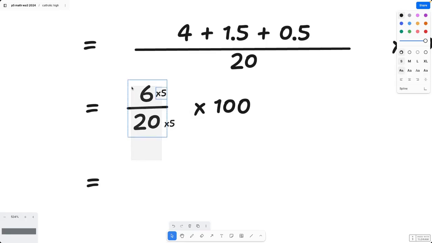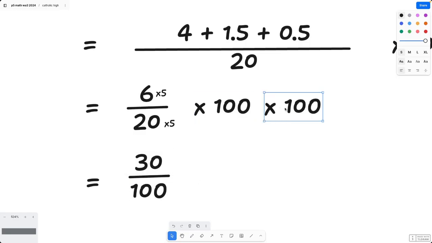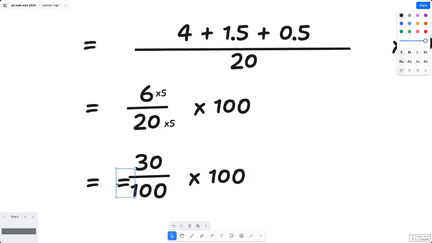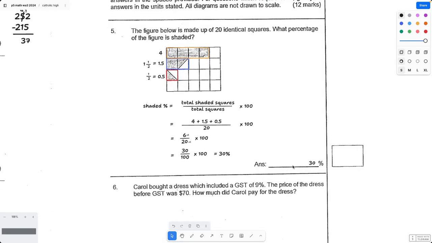And in this case over here, 6 times 5 will be 30, and 20 will give us 100, and times 100, this will give us, in essence, 30%. There you go. Right, so the answer to this is 30%. All right. Okay, very good. Let's move on to the next question.